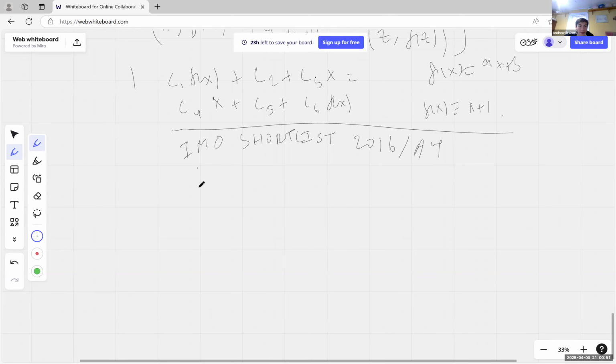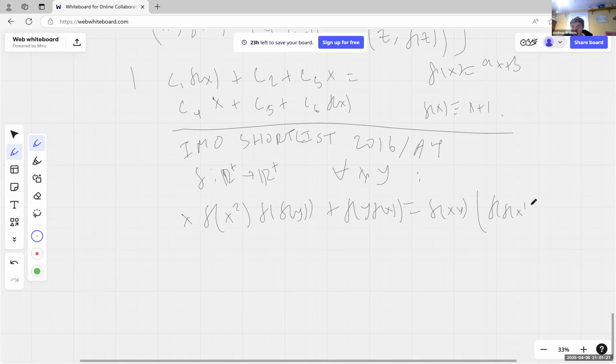We have f from positive reals to positive reals, such that for all x and y, x f(x^2) f(y) + f(y) f(x) is equal to f(xy) times (f(x^2) + f(y^2)).